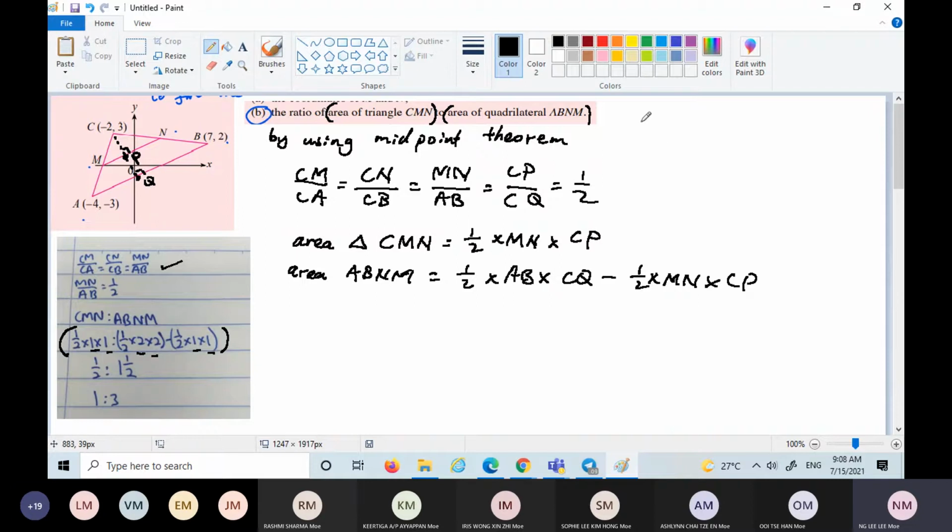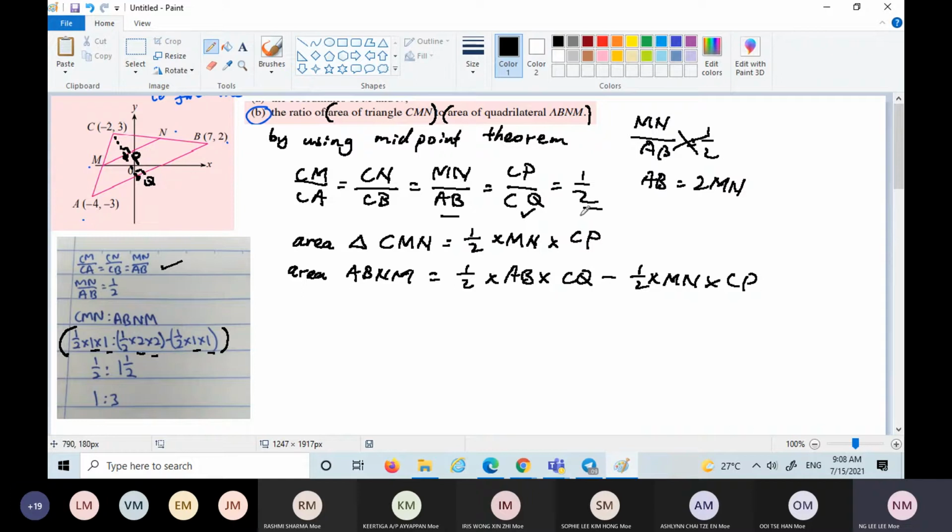So first of all, I extract out MN over AB is 1 over 2. I only take this and this. So cross multiply, AB is equal to 2MN. Next, how about CQ and CP?